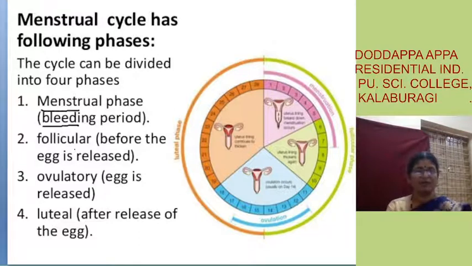You see primary follicle, secondary follicle, tertiary follicle and Graafian follicle. All this growth of the follicle occurs in the follicular phase. Next, the release of the ovum from the ovary is the ovulatory phase, and after that you will see the luteal phase. Here the temporary endocrine gland, the corpus luteum, is formed, which helps in maintaining the endometrium, and it waits to see whether the egg is going to get fertilized or not within the given time.